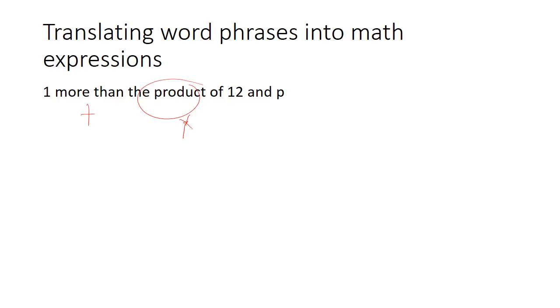So one more than the product of 12 and P. I want you to think about where the parentheses might be in here. So our 12 and our P is going to be an operation that's separate. So it would be 1 more than 12 times P, but an easier way of writing 12 times P would be 1 more than 12P.